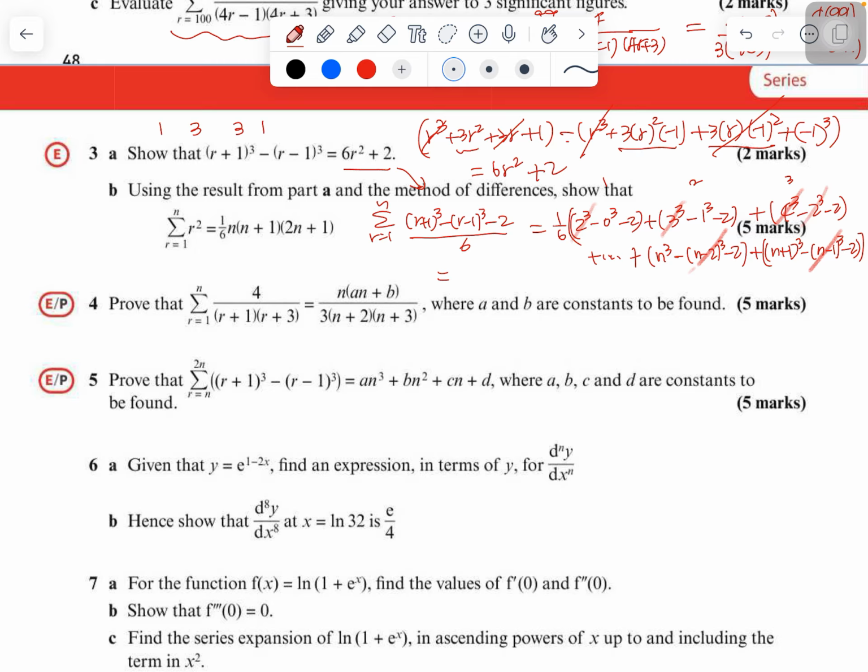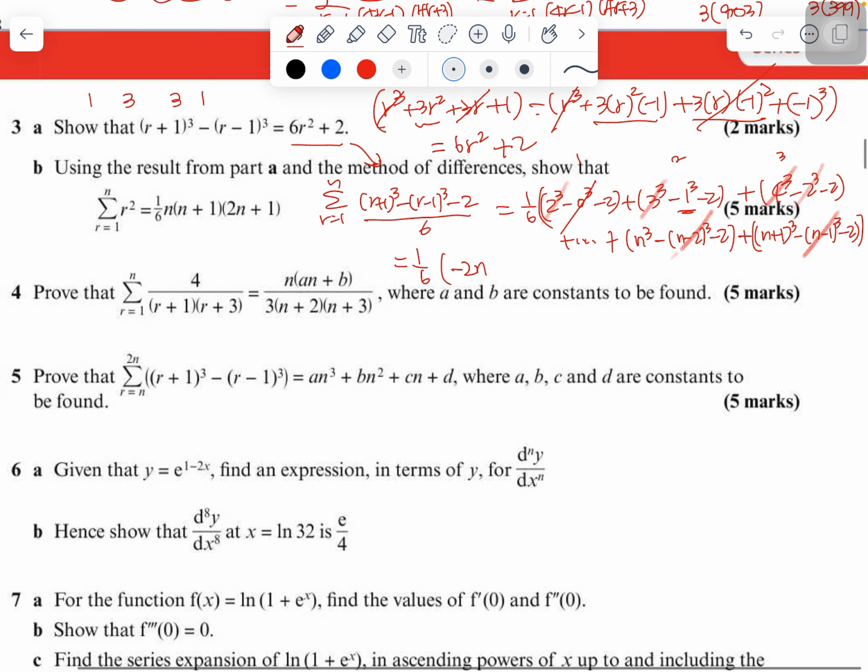So now we have 1 over 6. Let's remove 0, and negative 2, we have n of negative 2, so negative 2n. And now we have 1 cubed minus 1, and plus n plus 1 cubed, n cubed, 3n squared, 3n plus 1. So we don't have 1 anymore.